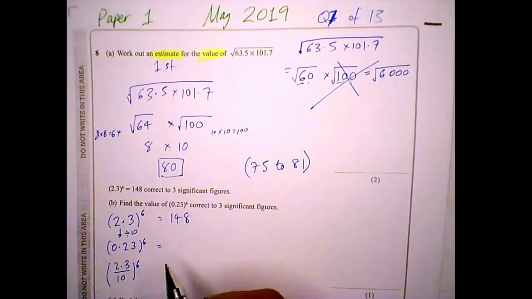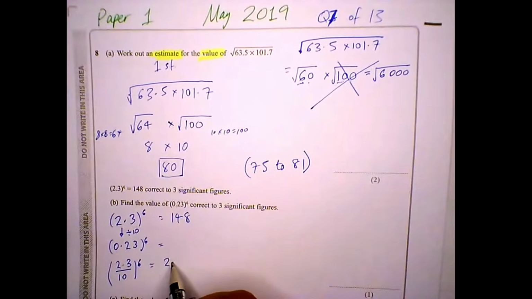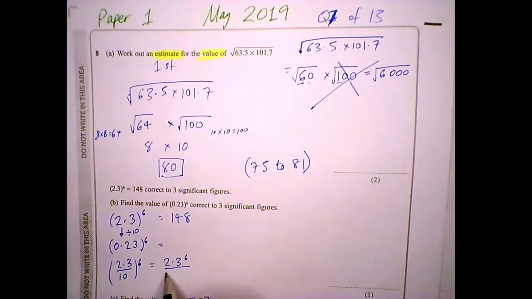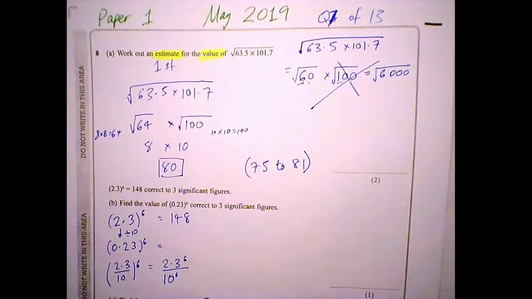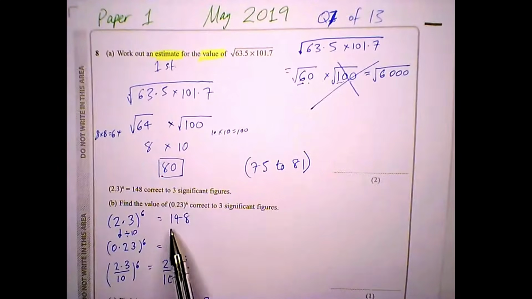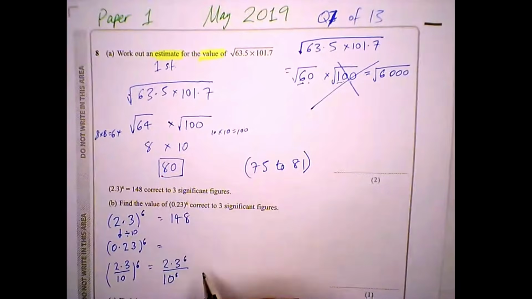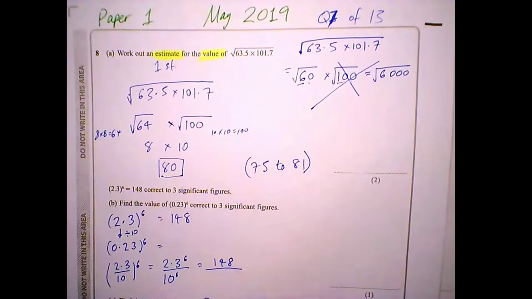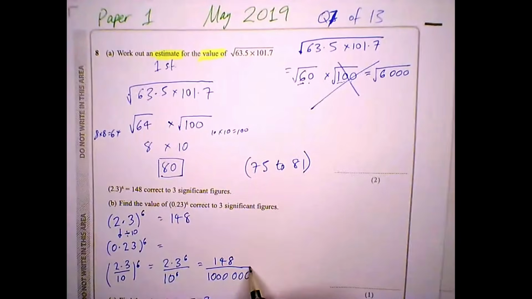Okay, now I can separate these. 2.3 to the power 6 divided by 10 to the power 6. Now, hopefully you've spotted what can happen now. I can spot that 2.3 to the power 6 is 148 from here. 148 divided by 10 to the power 6 is just 1 with 6 zeros. 1, 2, 3, 4, 5, 6.